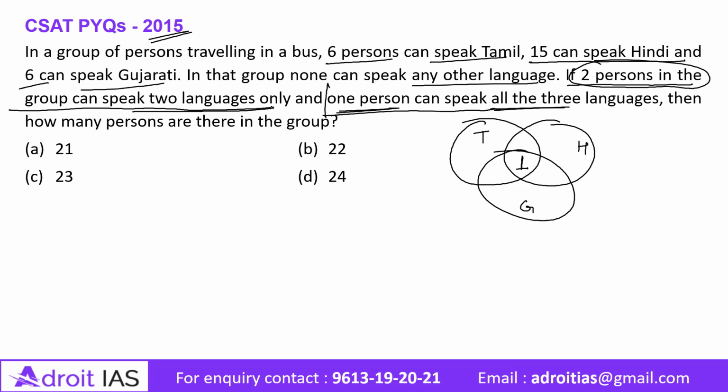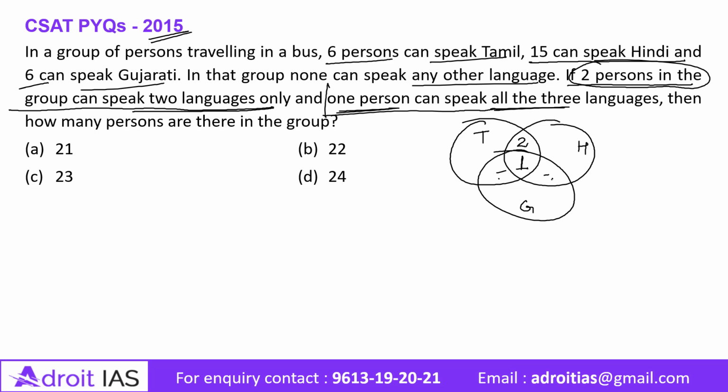Now 2 persons are there who can speak 2 languages, but which are these 2 languages? Nobody knows. So just assume that these 2 are here only. Okay, that's it. I have just assumed that the 2 is coming here, right? The 2 can be anywhere. It can be here also, it can be here also, but I have just assumed it. Fine. So it's fine, no problem.